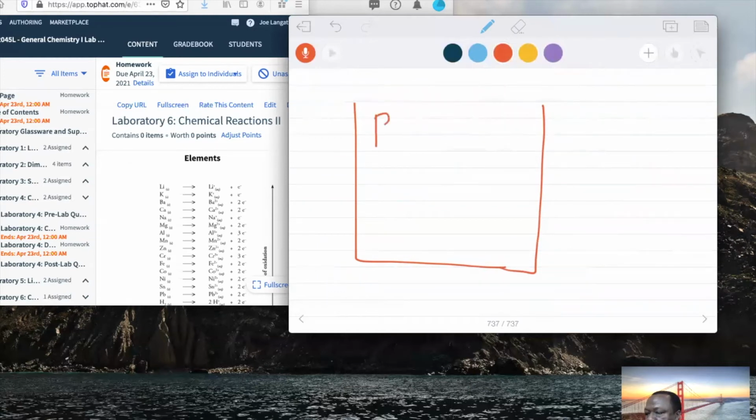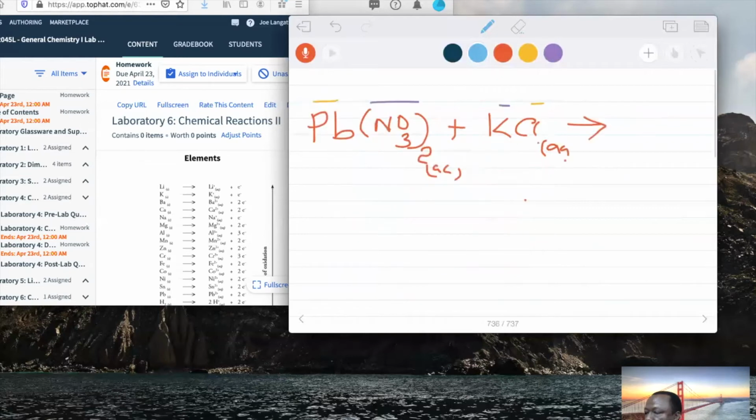So for the first reagent, I have lead II and then the nitrate, the polyatomic ion NO3 with a negative charge. For the second reagent, there is the potassium cation, and then there is the chloride. This will help you in writing the correct formulas of your products, which means lead will combine with chloride, potassium will combine with nitrate, and you can see how the chemical formulas of the desired products will look.